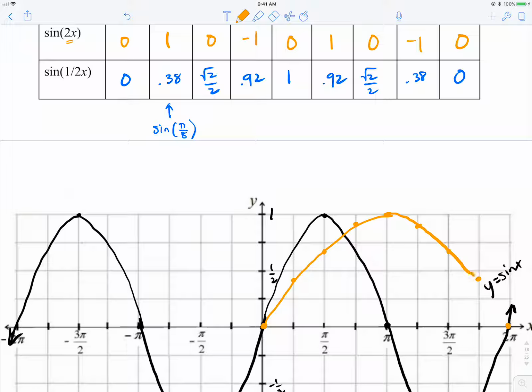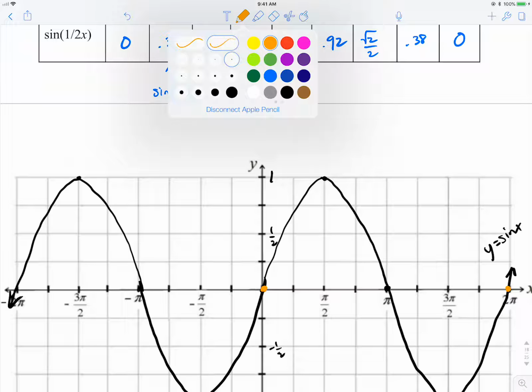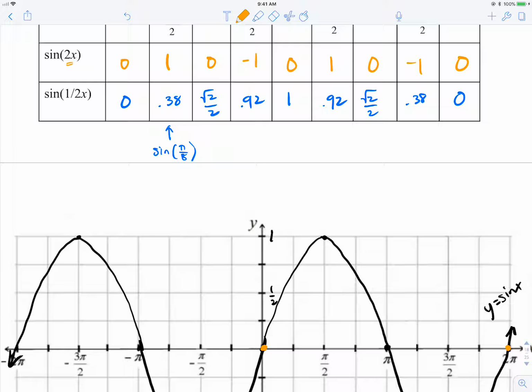So we can see a half of a period of sine of 2x. Or I'm sorry, sine of 1/2 x. Oh my goodness, I started graphing sine of 1/2 x. Ms. Dorset, fail. All right, let me go ahead and graph sine of 2x correctly.